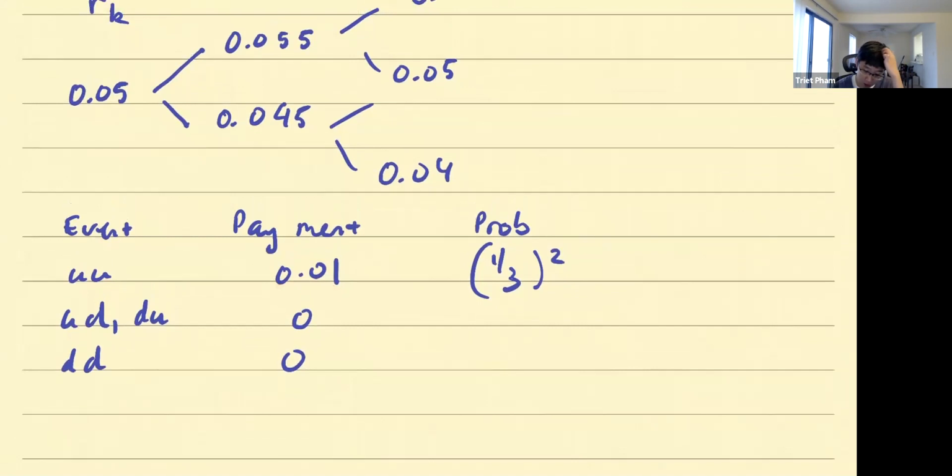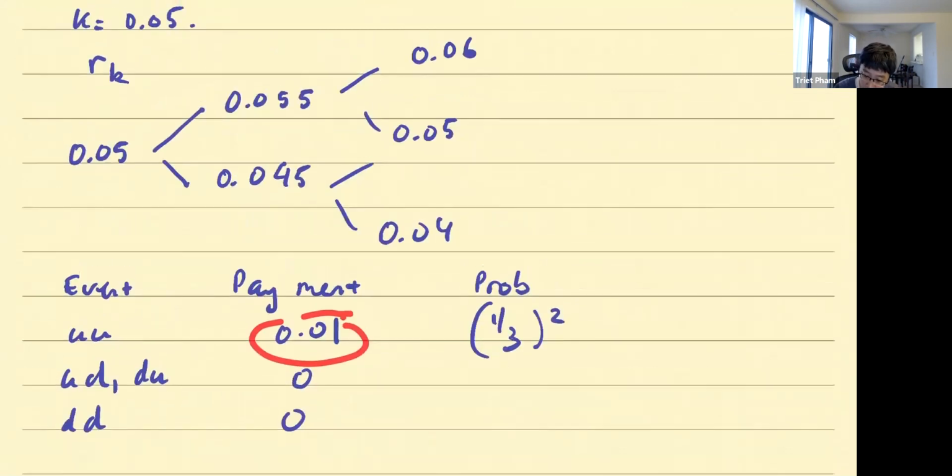Of course, this payment is made at time 3, so we need a discount factor, exactly the one corresponding to the up event.